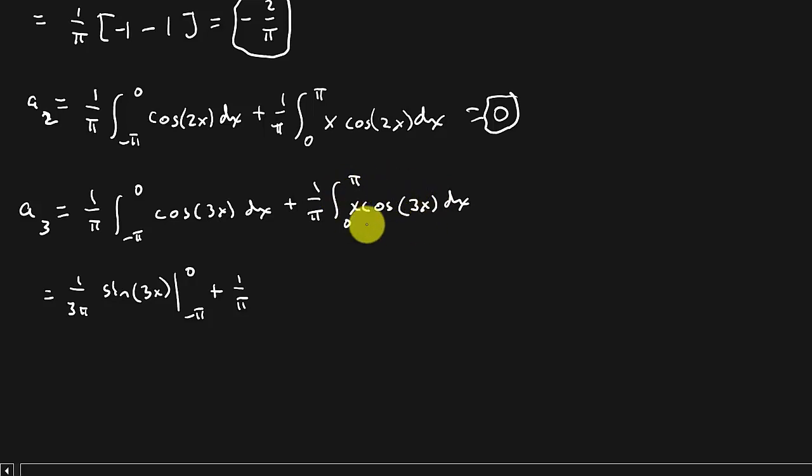So let's come over here, take this right here and do parts. So I've got u equal x, dv is cosine 3x dx, du is dx, v, now what's v? That's 1/3 sine 3x.